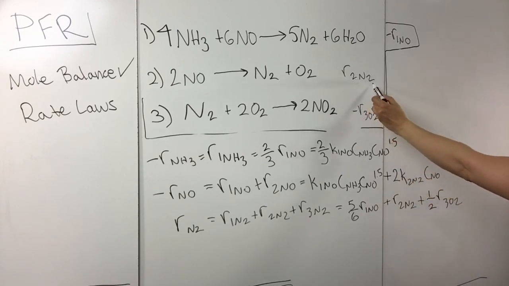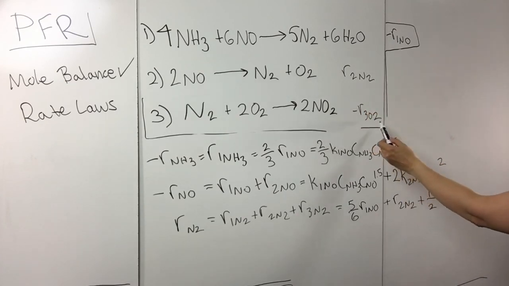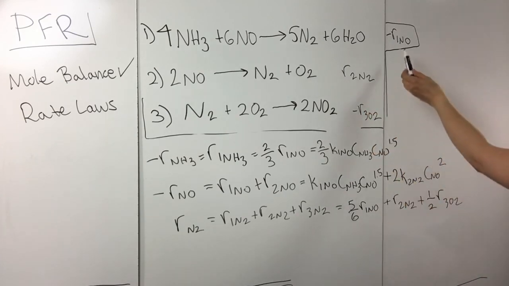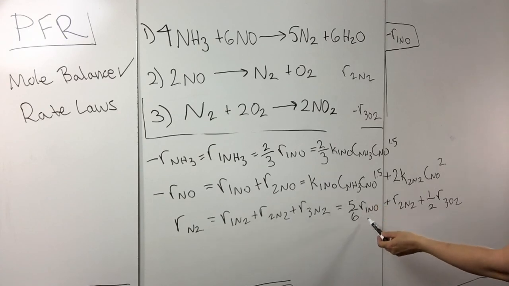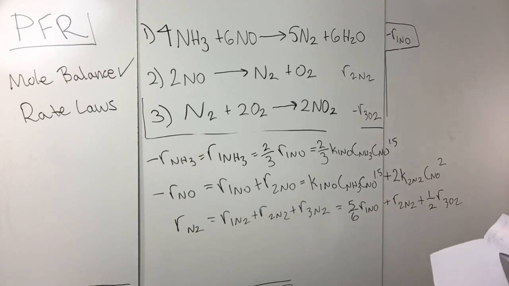So then R2_N2 is known, and R3_O2 is known, and R1_NO, so you would just plug these in.